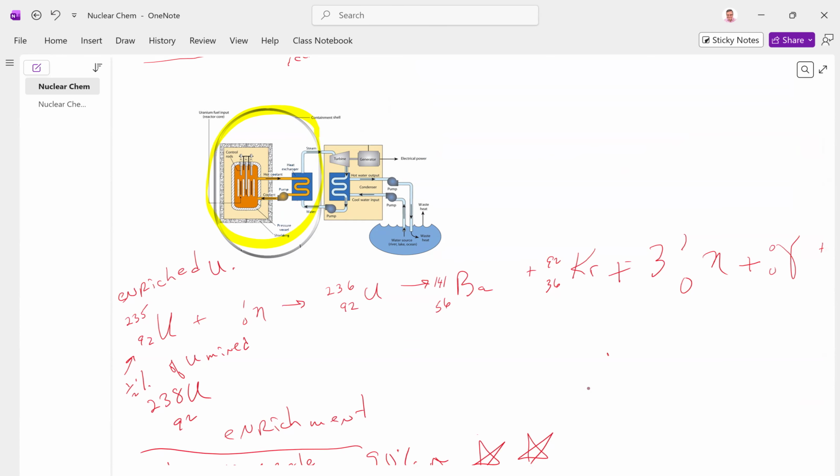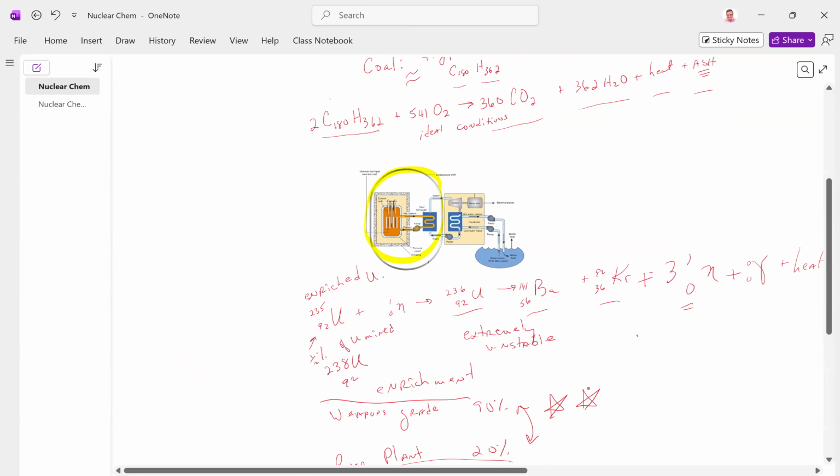Once one neutron bombards that U-235 uranium atom, it becomes U-236. Extremely unstable. That's why it immediately degrades to barium and krypton. And importantly, 3 neutrons.